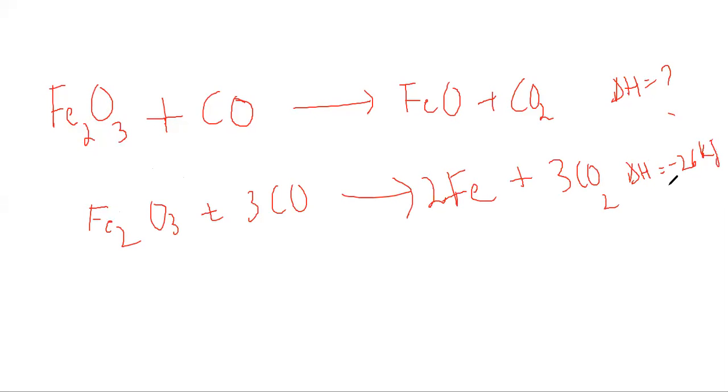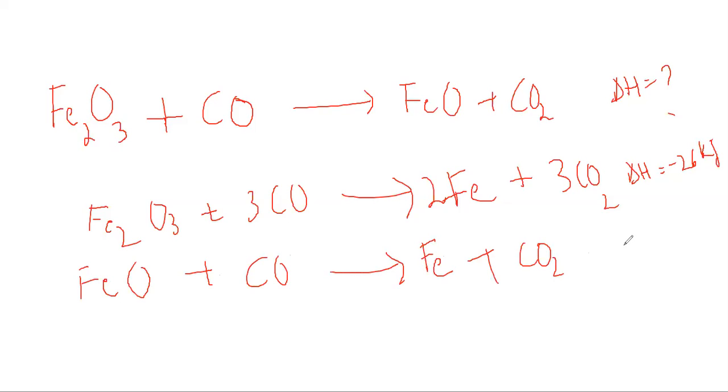We are just supposing the enthalpy, okay. Next reaction is FeO plus CO, product is Fe, iron, plus carbon dioxide. Enthalpy change for this reaction is delta H, for example, minus 16 kilojoules.